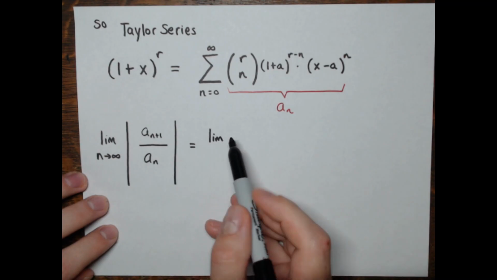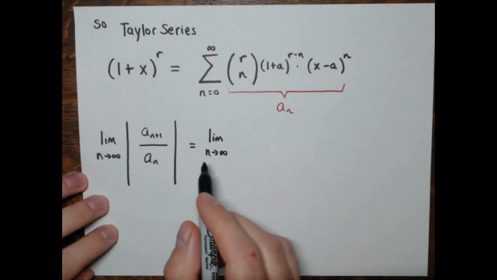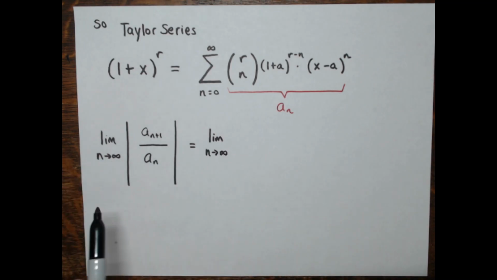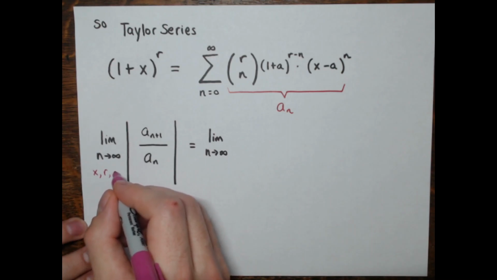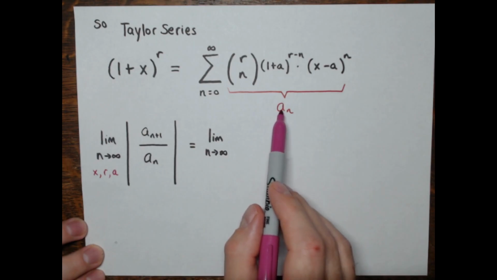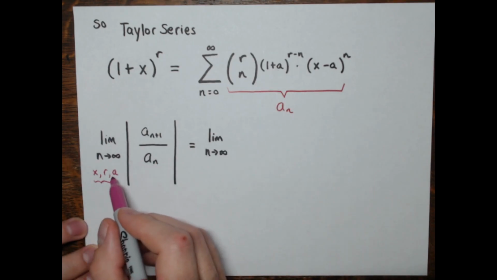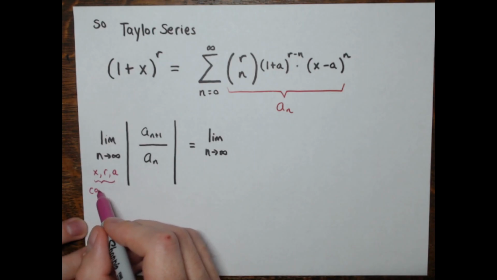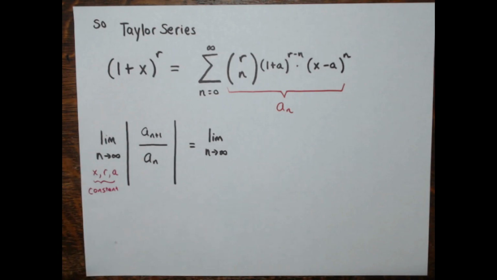Because n is going to infinity, n is changing. Anything that's not n, such as x, r, and a, would be considered constant in this expression.